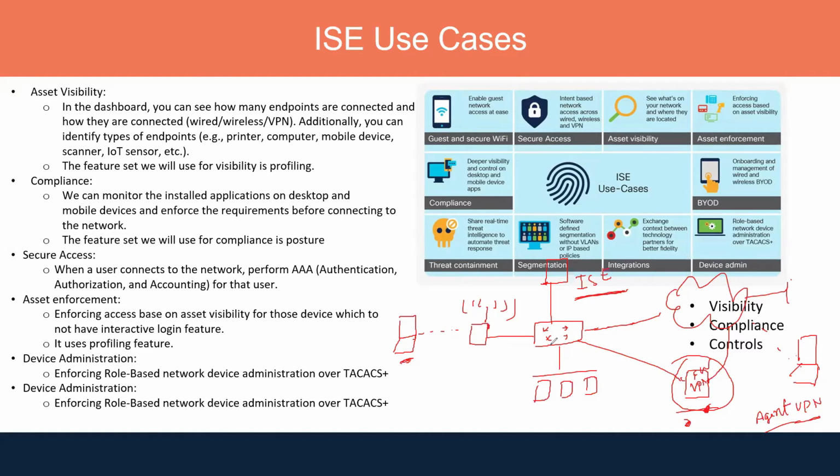Okay. Can we do it like this, that if the user doesn't meet the compliance, first ISE should inform the specific user to install the antivirus or update the operating system? Then he will be able to access the specific required stuff that he requested. Can we push something like this?